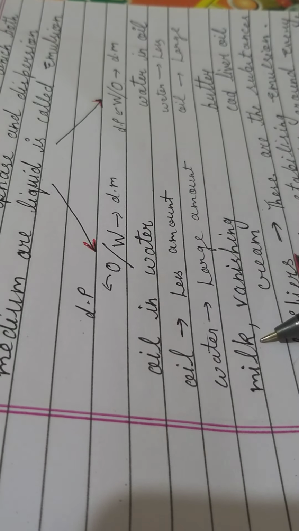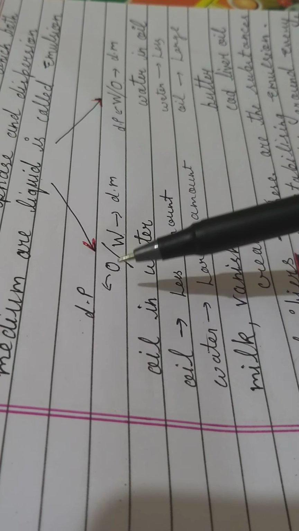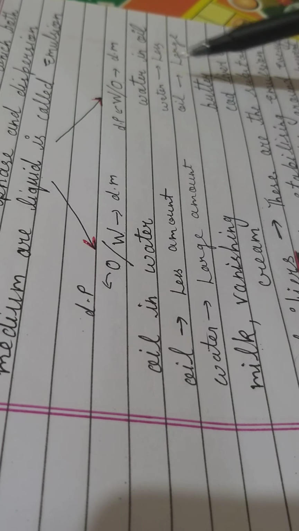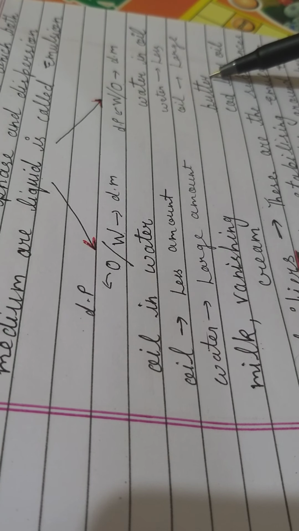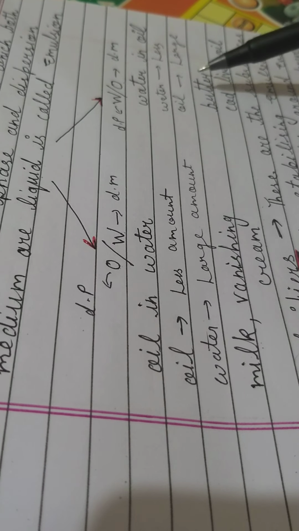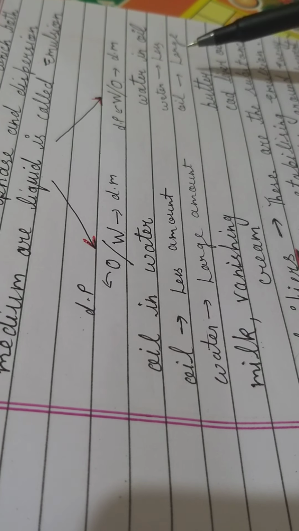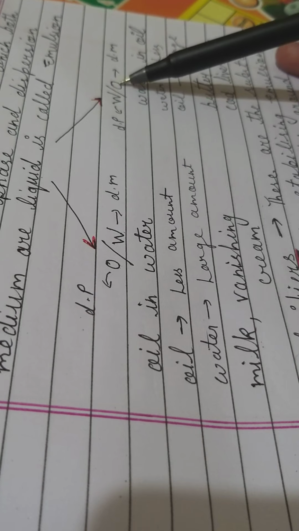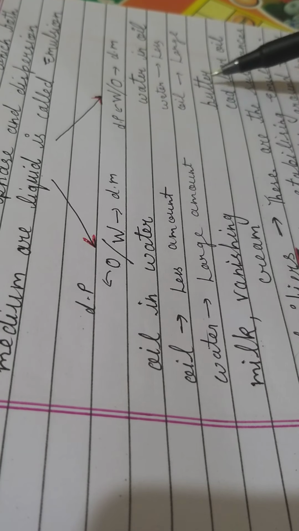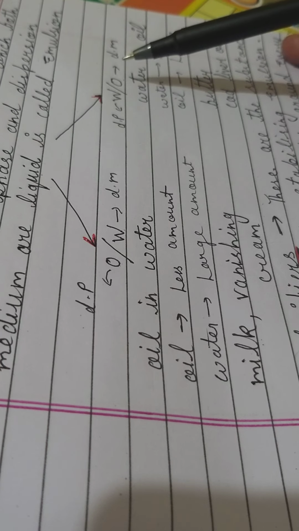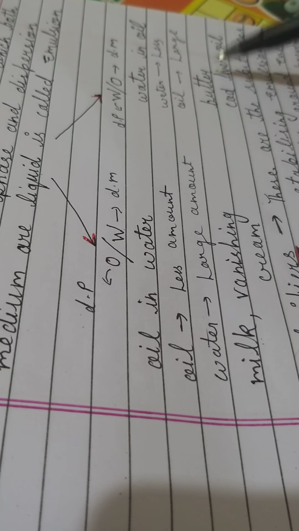Water is present in large extent and oil is present in milk in less extent. And suppose we talk about butter: in butter oil is present in a large amount but some water is also present. So this is an example of water in oil. Here water becomes the dispersed phase in case of butter and oil is the dispersion medium.